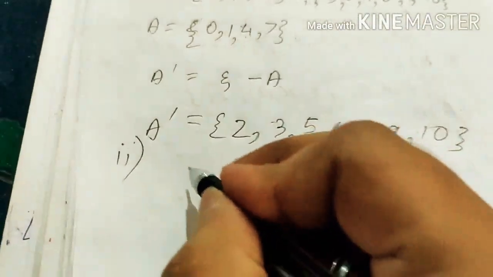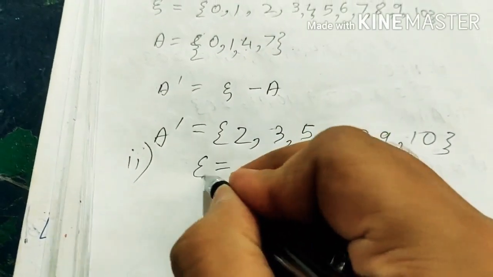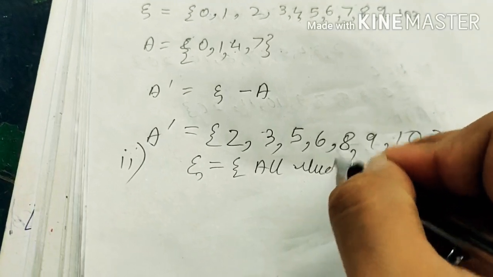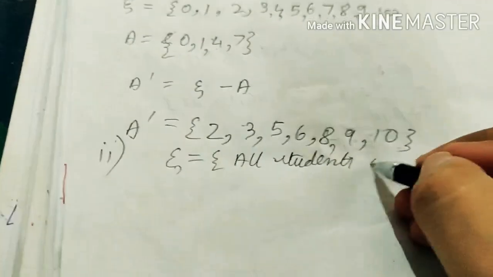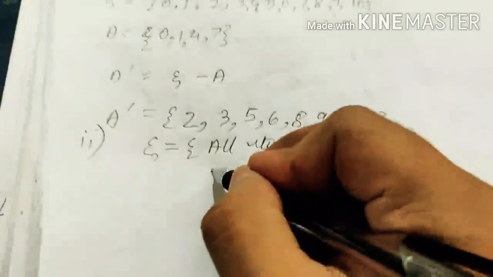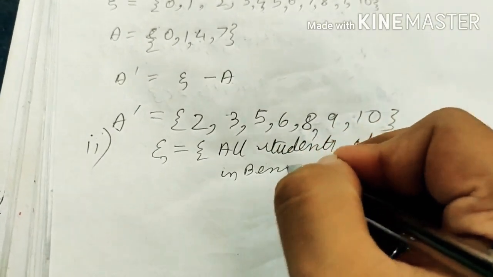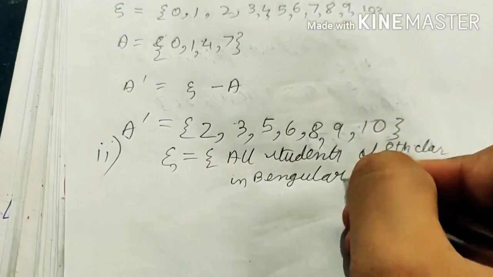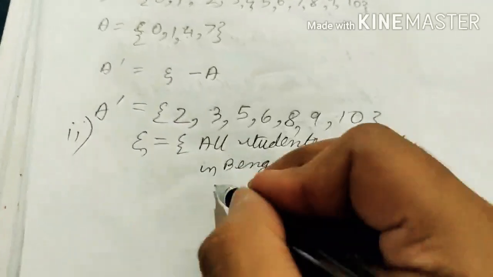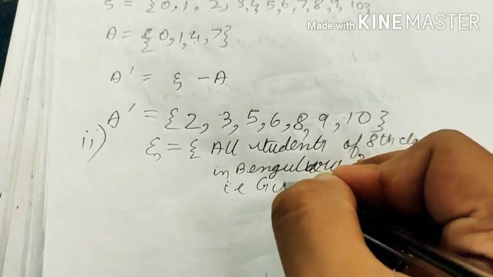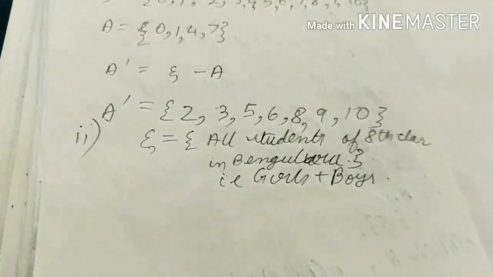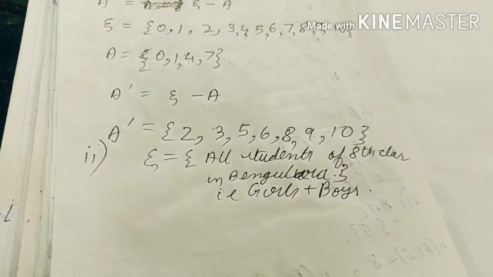Means the universal set includes all students of 8th class in Bengaluru. All students means girls plus boys. All students contain girls as well as boys.